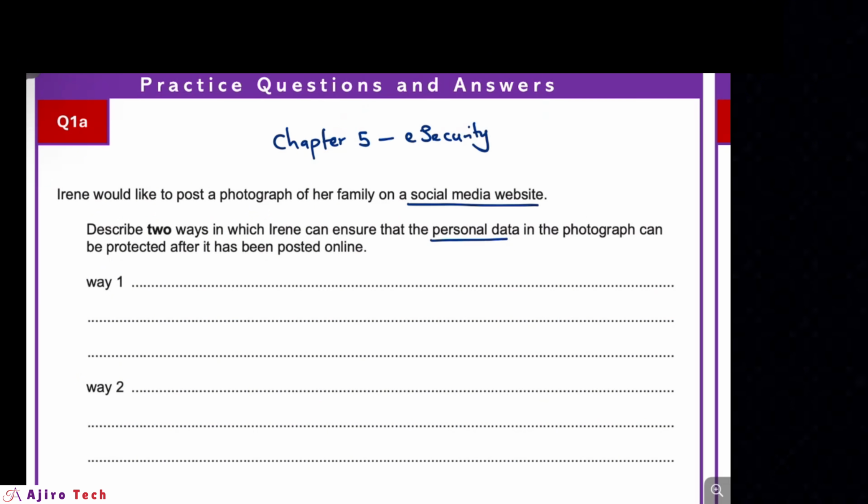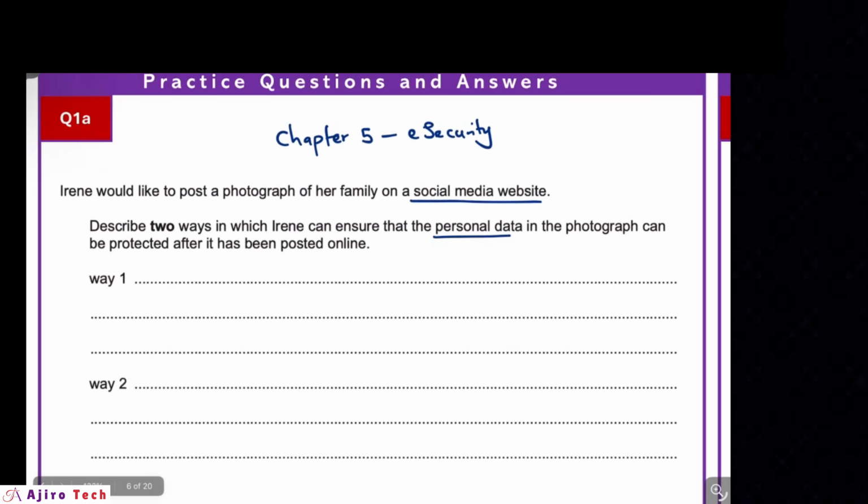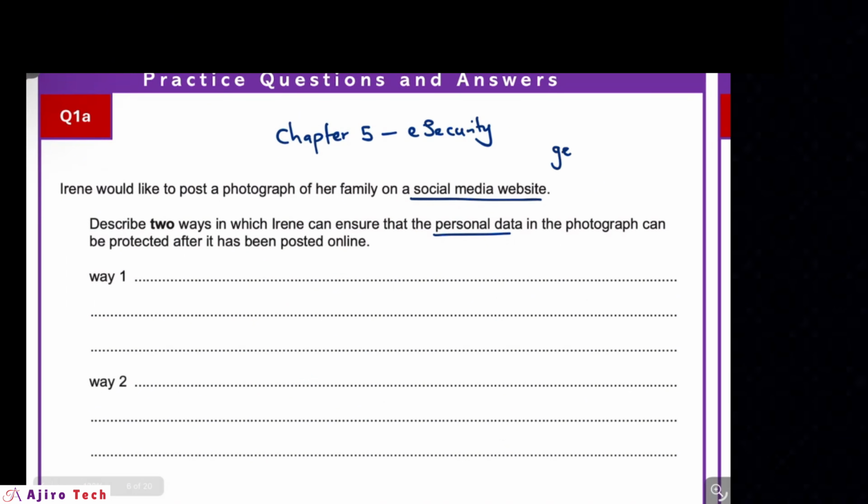Now, she wants to post a photograph of her family, and the personal data in the photograph must be protected after it's been posted online. One way is what we call geotag, or your metadata.